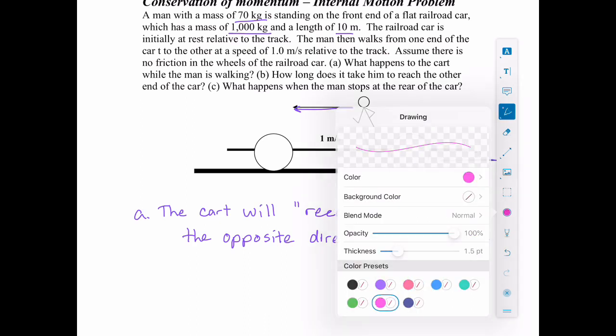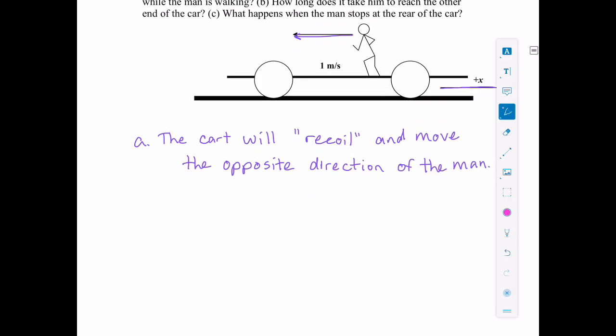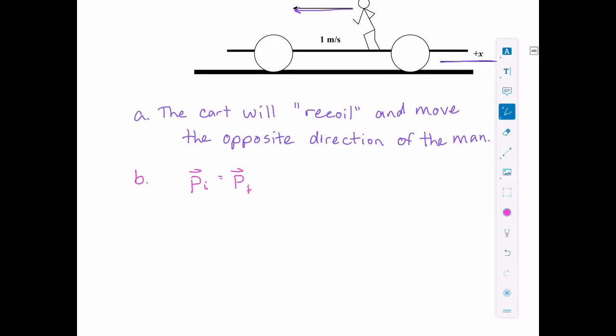Now we want to figure out, okay, how long will it take the man to get to the other side? Well, what we can do is figure out first, how fast is the cart going to be moving? And in order to do that, we're going to set up conservation of momentum. Momentum initial is going to equal momentum final. Now, initially, nothing's moving. The man's not moving, the cart's not moving, we're all just at rest.